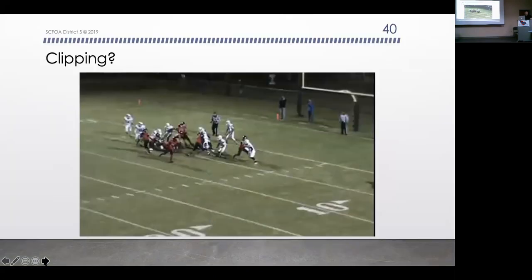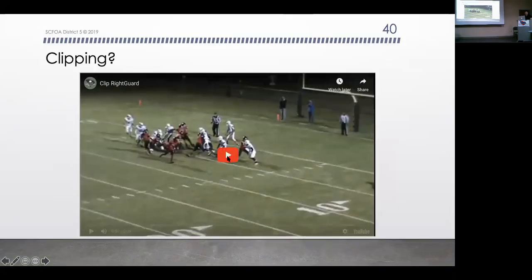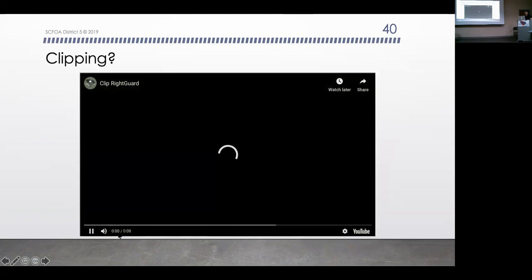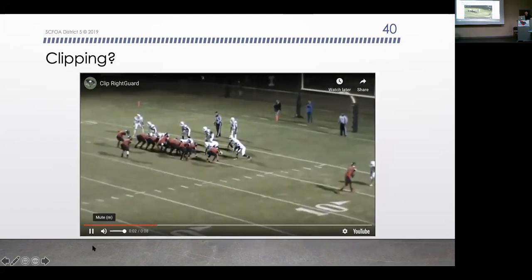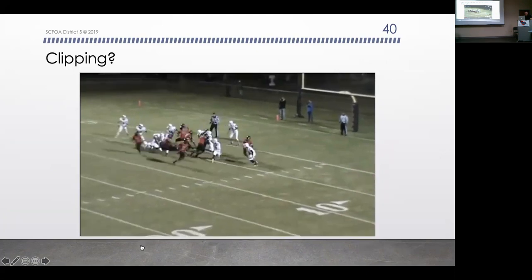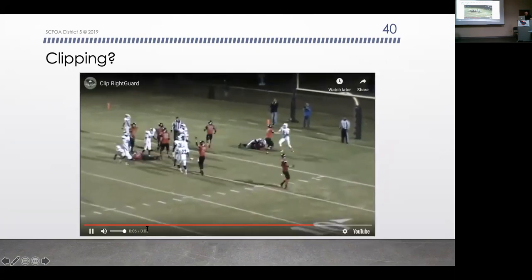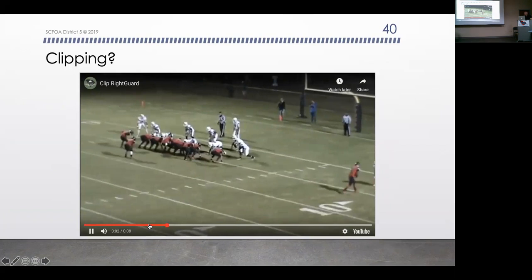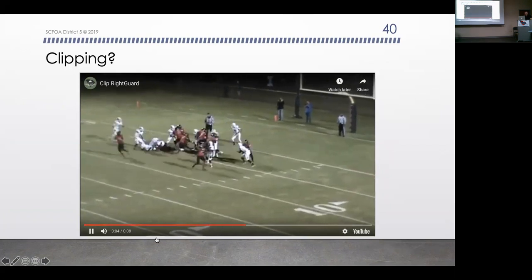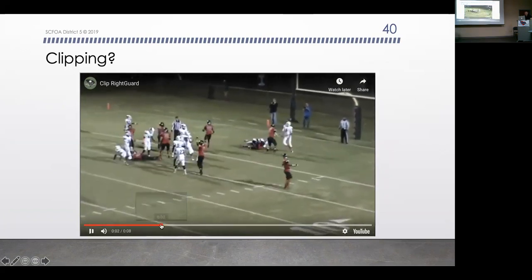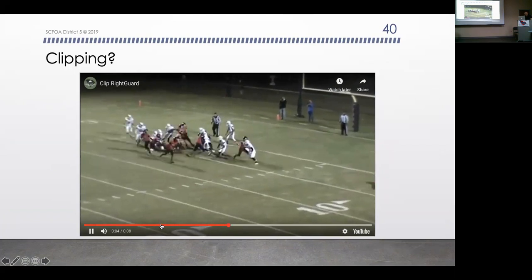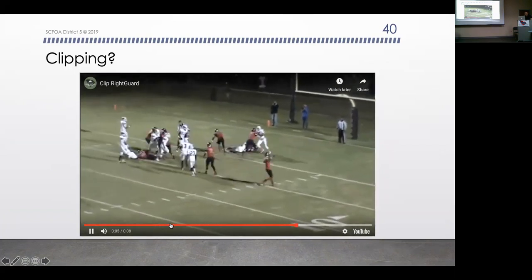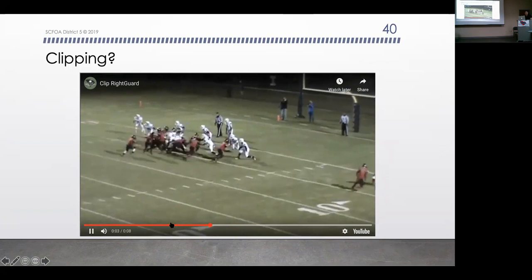And who's going to call this most of the time? That's the right guard. Gets him right in the back of the knees.